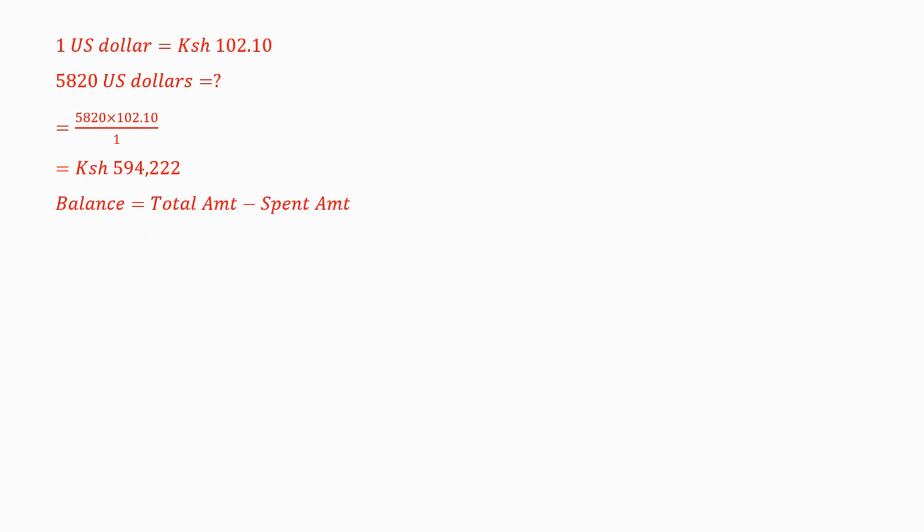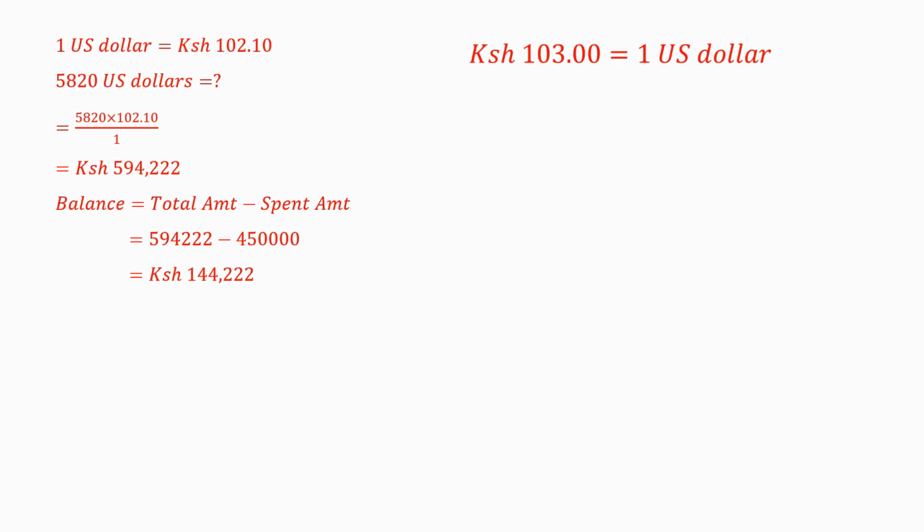Then he spent 450 Kenya shillings, and so to obtain the balance we subtract the spent amount from the total, which is 594,222 minus 450,000, and it equals 144,222. Then the balance was converted back to US dollars at the rate of 103.00.